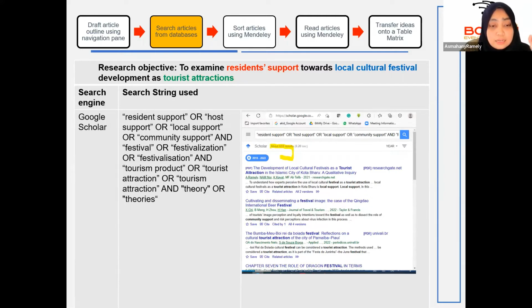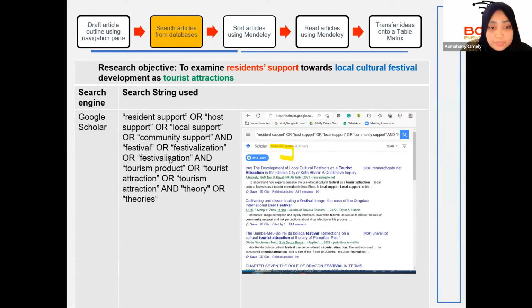The third keyword will be tourism product. The other synonym words for tourism product can be tourist attractions or tourism attractions. Then the fourth keyword, because we are looking for the theory, is the word theory, or we can put the word theories.